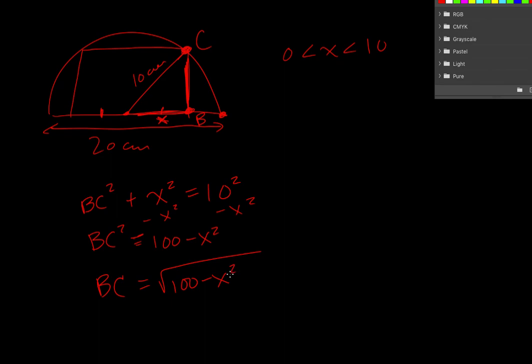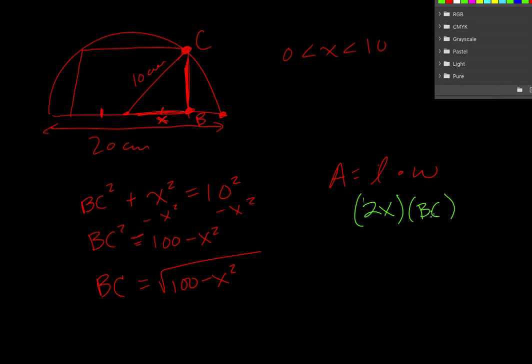Okay. Now, if we find the area of the rectangle, it's just length times width. So the length of our rectangle is going to be 2x, and then the width is just going to be BC.